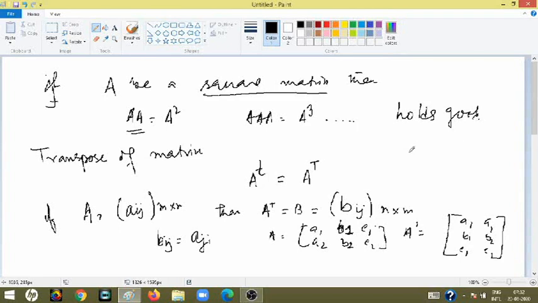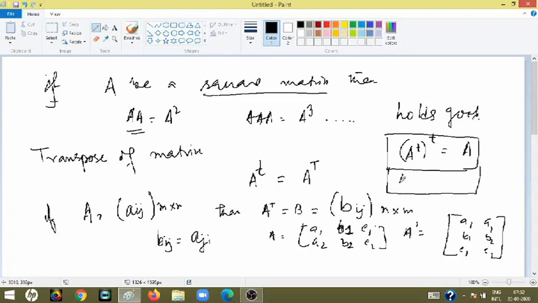And it may be observed that if we take the transpose of AT again, the original matrix is returned back. Another property is: if we take the transpose of the product AB, then it equals B transpose A transpose.